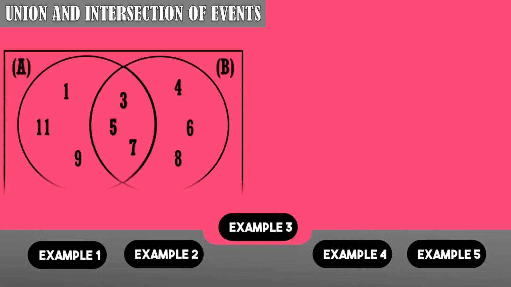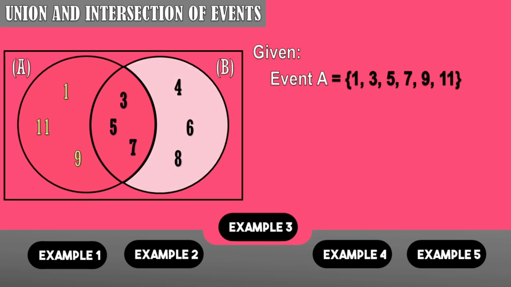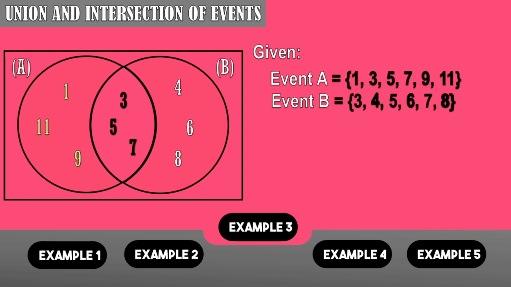Next example, given this diagram, let's write the given. For event A, we have 1, 3, 5, 7, 9, 11. While event B, we have 3, 4, 5, 6, 7, 8. Include their intersection since they belong to both events. What is A union B?